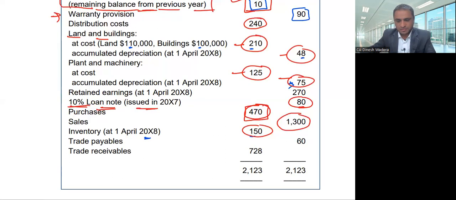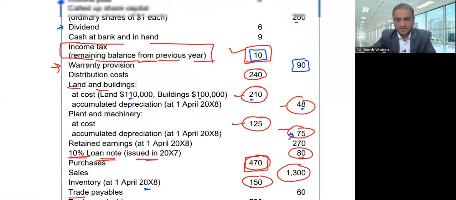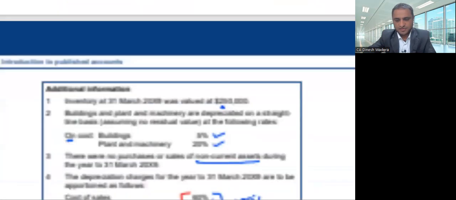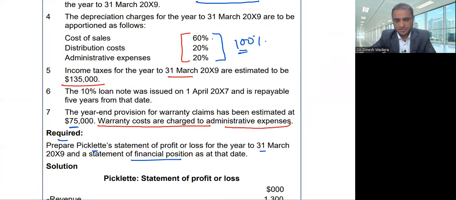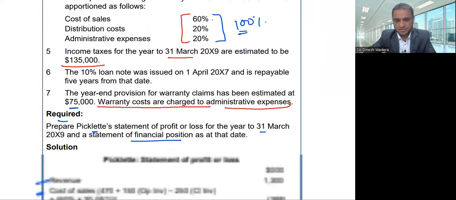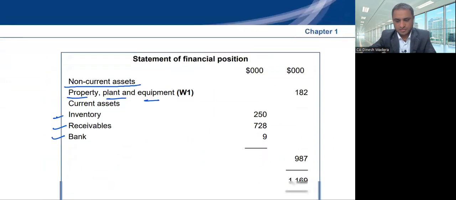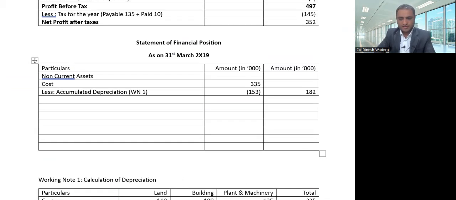Then we have trade payable. Fine. Administrative expenses. Nothing. That's it. Only these are the non-current assets.